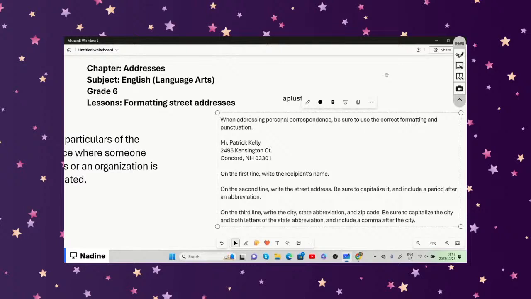So if you are typing in an address of a specific person or the particulars of a specific person, then you need to have the format correct.